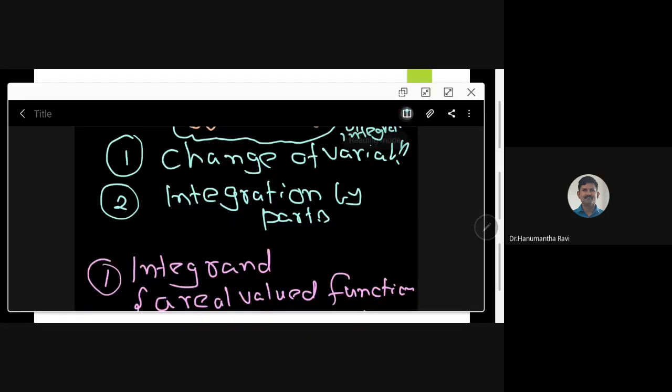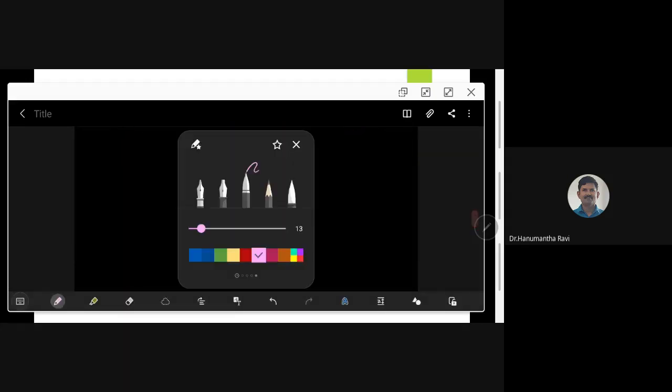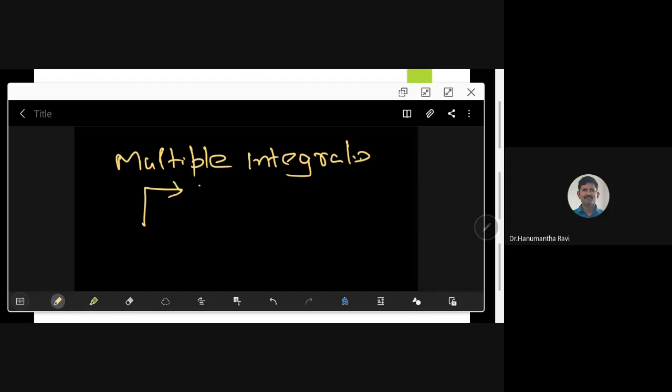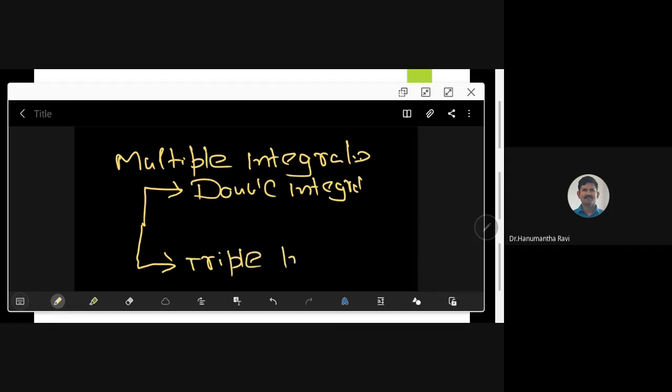So we focus on two things: one is the double integral, and the other is the triple integral.